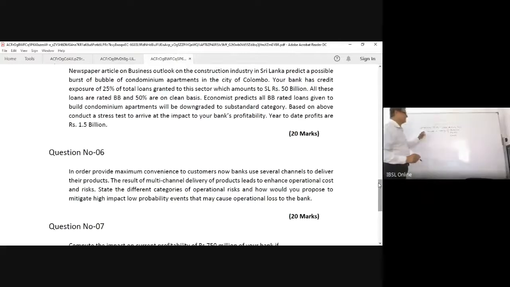Events could be internal or external. So you can read the exact definition which I gave you. So this is the nutshell.